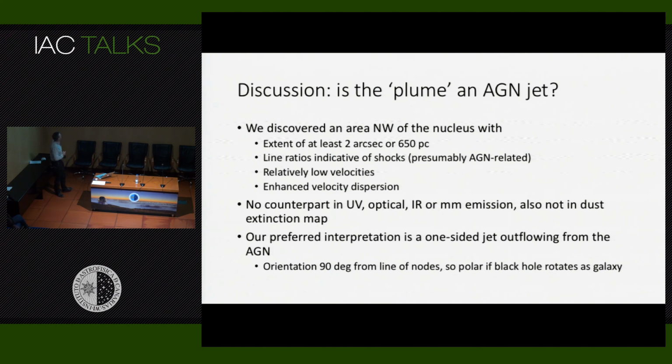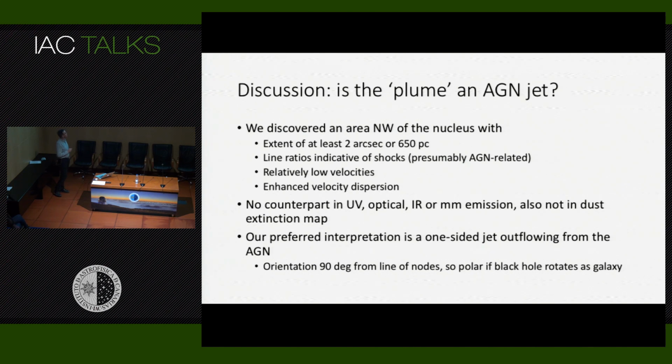The line ratios are indicative of shocks, presumably AGN related, because there's no star formation there that is much more there or differently than in other regions, so it looks like it's AGN related. Relatively low velocities, enhanced velocity dispersion. There's no counterpart to this region at all in the UV, not in the optical, not in the infrared, and not in millimeter emission in ALMA. It's also not seen in a dust extinction map.